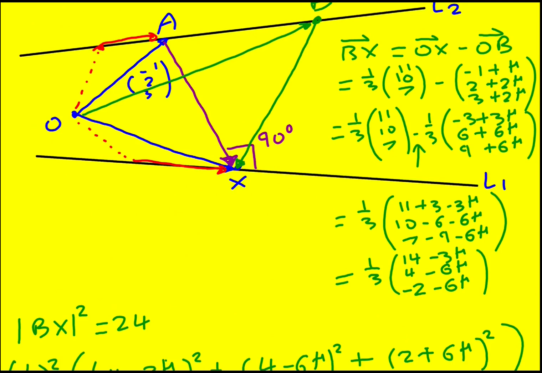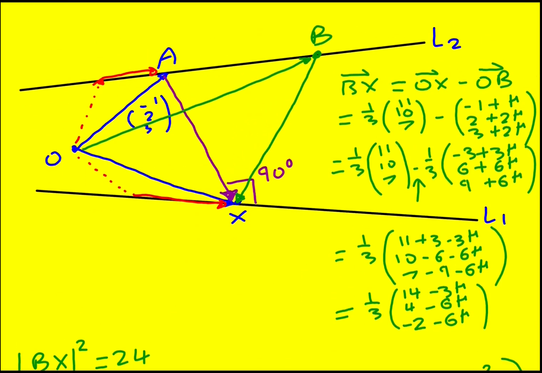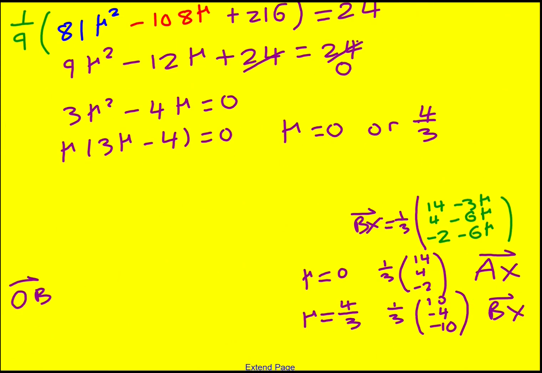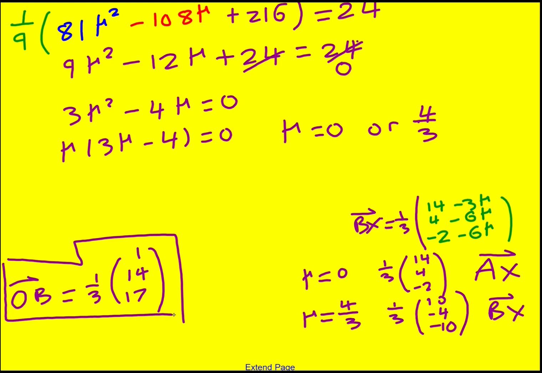And for that, you don't need bx because you can just substitute mu back into this one. Minus 1 plus mu, 2 plus 2 mu, and 3 plus 2 mu. And that ends up being a third times 1, 14, 17. Again, I'm not going to do all the calculations, but it just involves fractions and everything, and hopefully it will work out for you.